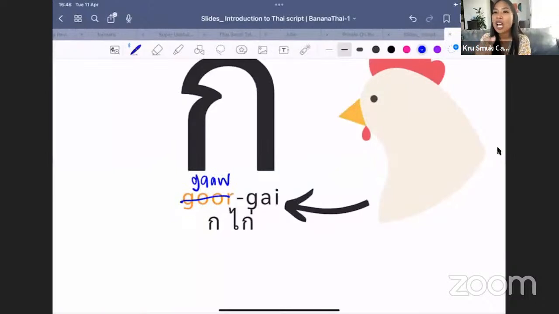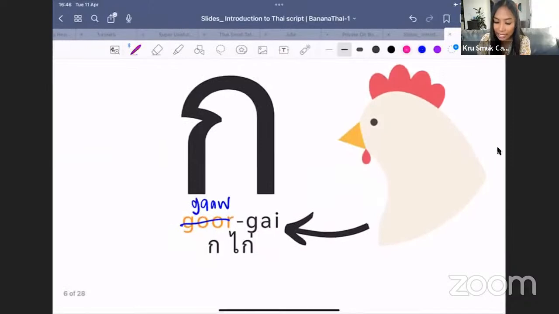Gao gai. You can also say it sounding more like this, กอไก่, because this letter has a g initial consonant sound. Please pronounce it, g. Yes, g, exactly. And all of the consonants always come with an aw sound, so in this case it's กอ, right?